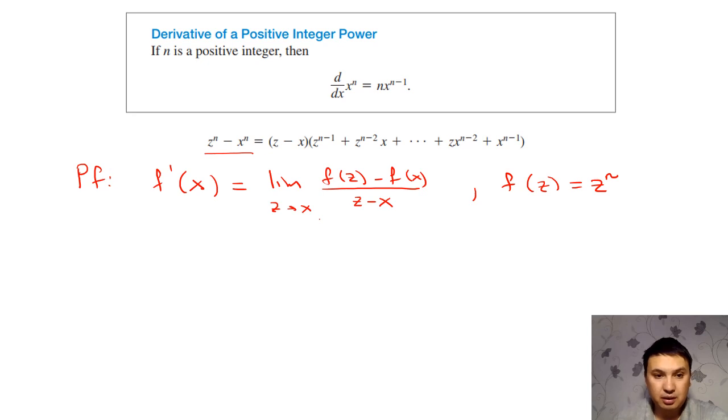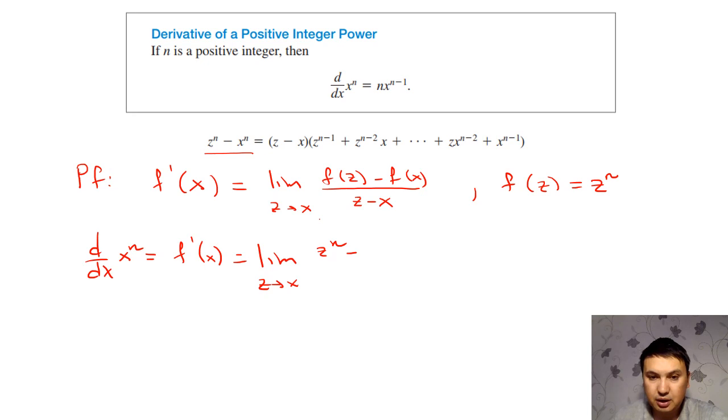So then the derivative of x to the n would be f prime of x. By definition, as z goes to x, f of z is z to the n because the function is the power of z, minus, if you substitute z equal to x, x to the n, divided by z minus x.